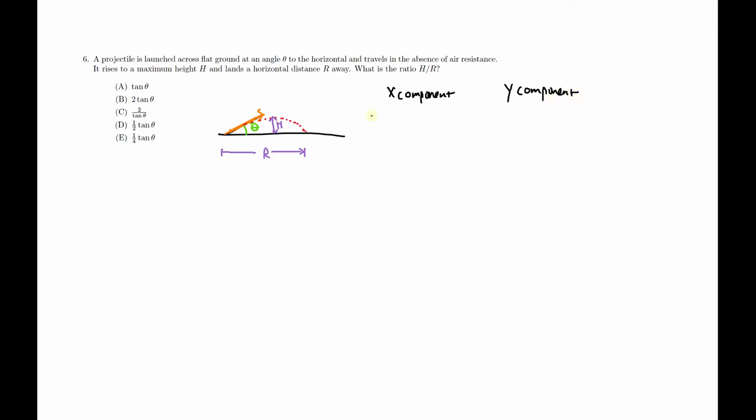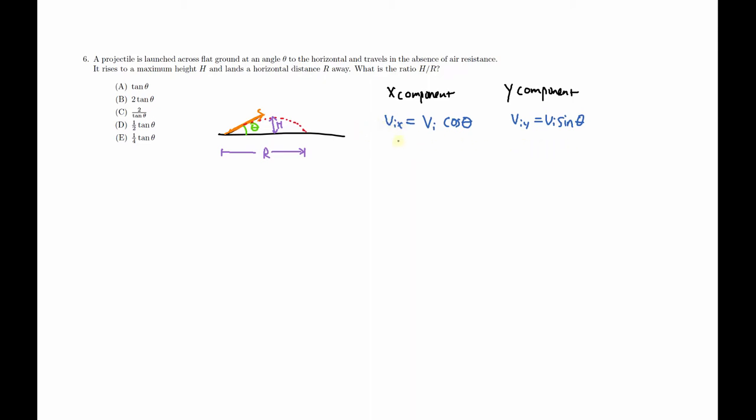For the x component, we start out with the initial velocity, v_ix, which is the initial velocity times the cosine theta. If you still don't get this, you should review the trig in your math book. I'm just gonna assume you all know this. So v_iy is v_i sine theta. A simple ratio.